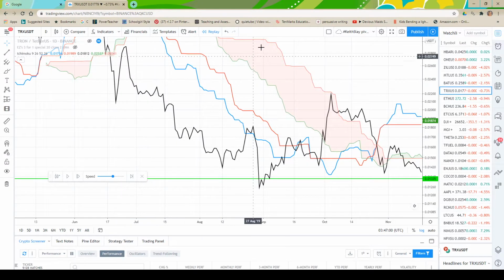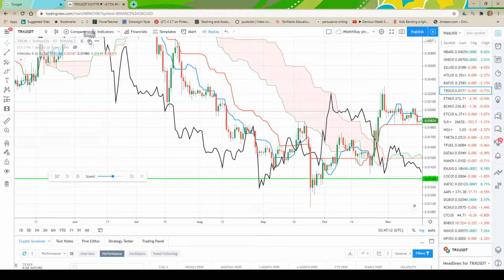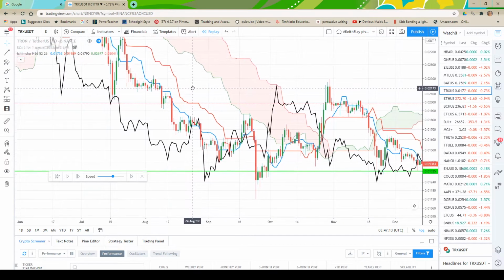The lagging line is under. The conversion line is under the baseline. The cloud is red. I don't have candles pulled up here, but I bet you they're down below the price too. So let's put the candles up and see. Yep, candles are under the cloud. Fairly obvious there.